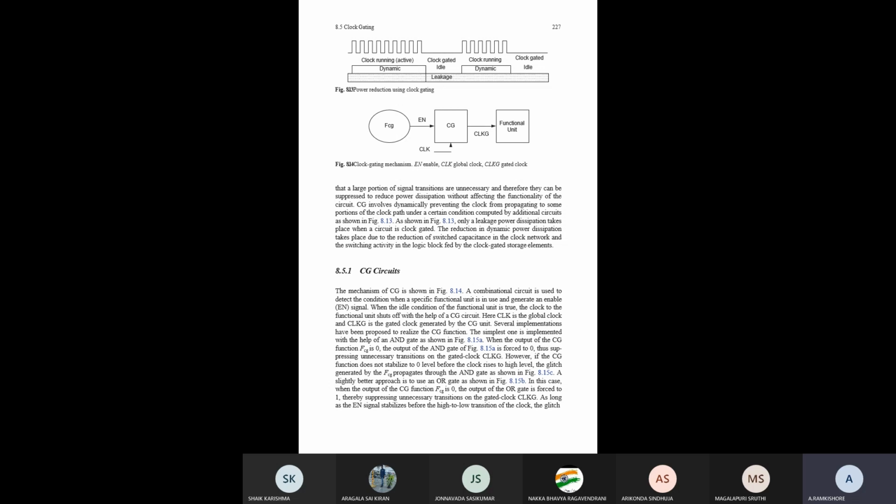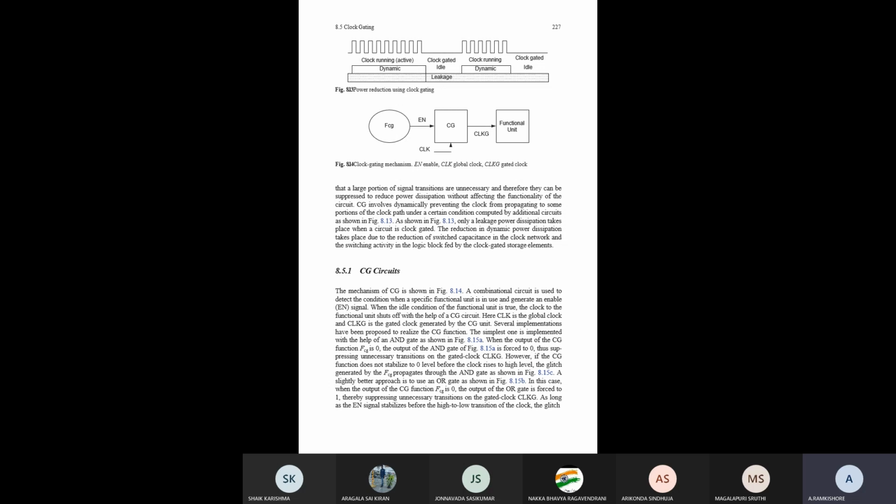So clock gating involves dynamically preventing the clock from propagating to some portions of the clock path under a certain condition computed by additional circuits, as shown in the above figure.